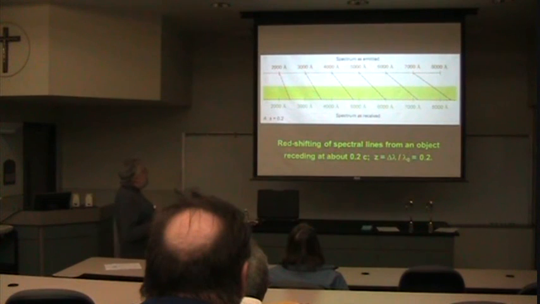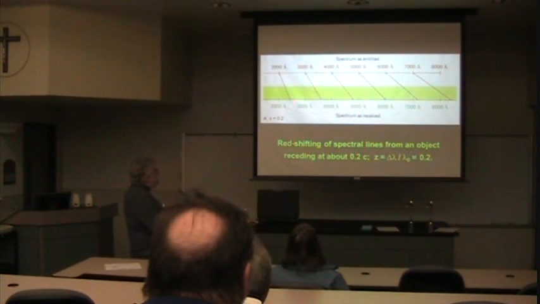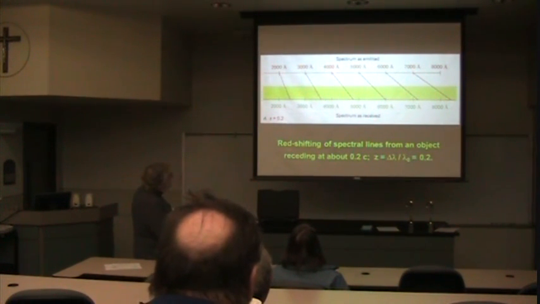Okay, here's an example. Suppose we have a normal wavelength of 2,000 angstroms, 200 nanometers, and it's showing up at about 2,500. Okay, that's lengthened, so it's receding from us. 3,000 going to 3,700, that's still receding.